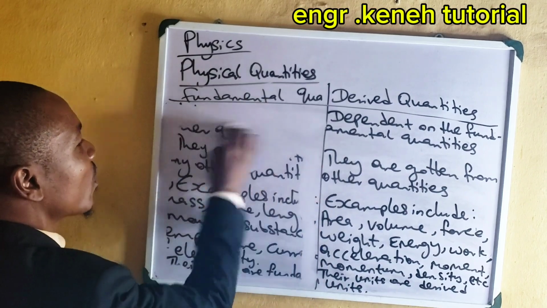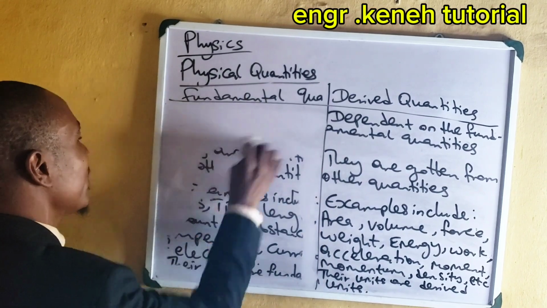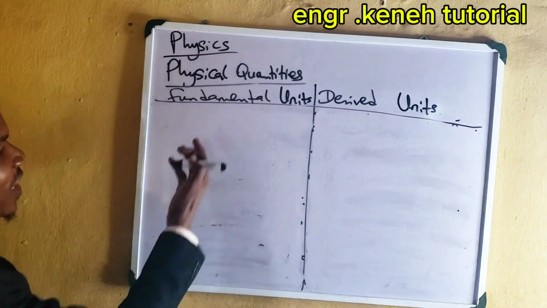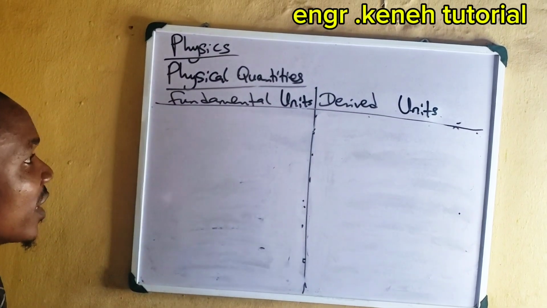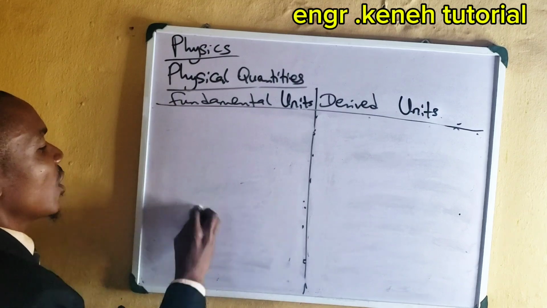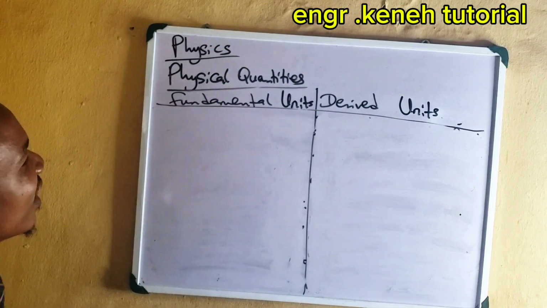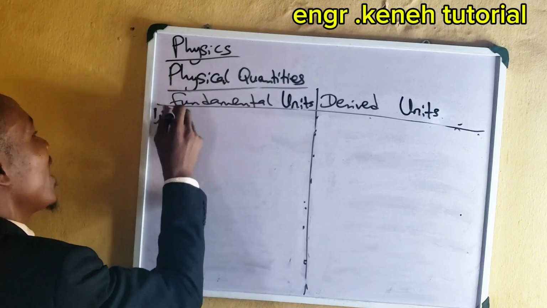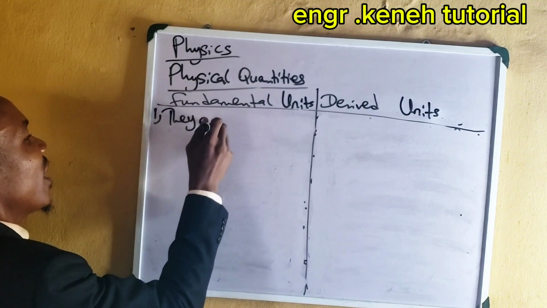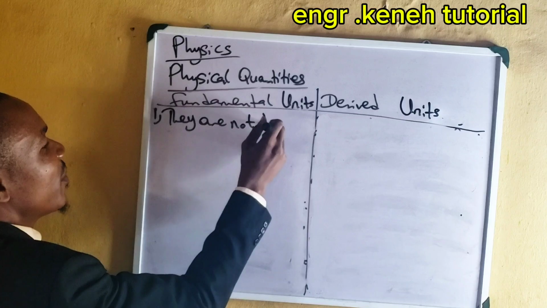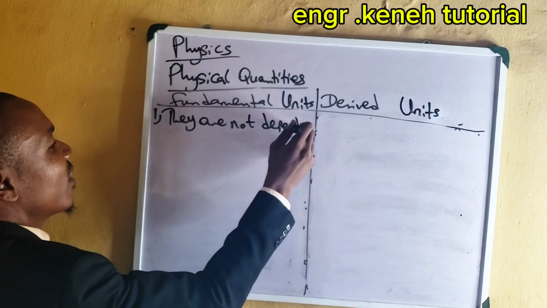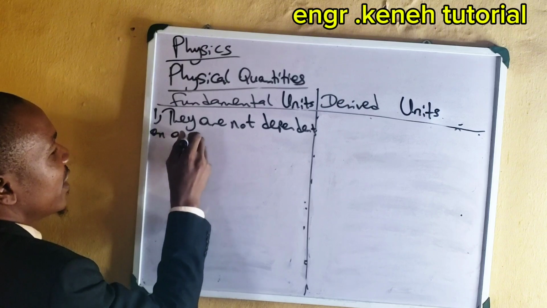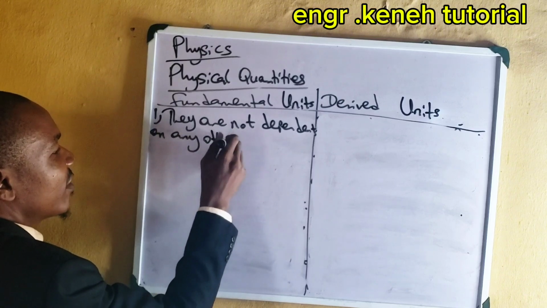So we have fundamental units. The difference between fundamental units and derived units. Number one is that these fundamental units are not dependent on any other unit.